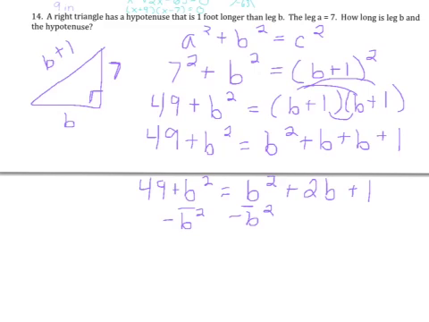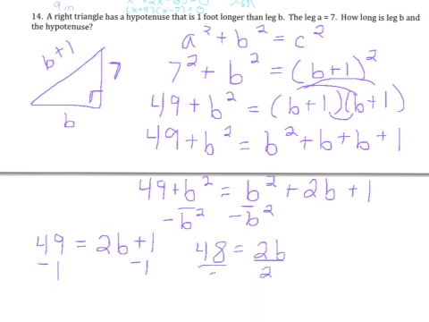So I'm left with 49 equals 2B plus 1. Oh, and this looks like a nice little equation to solve. So we'll subtract 1 and get 48 equals 2B, divided by 2.